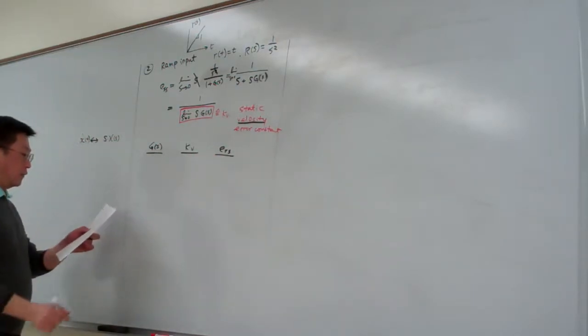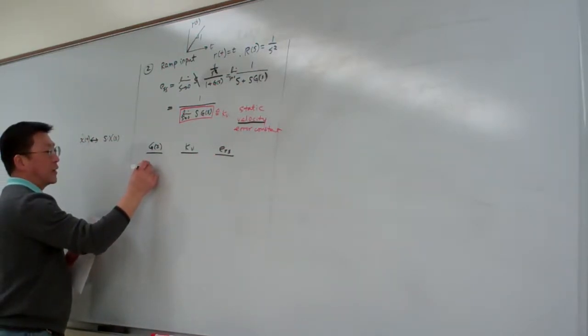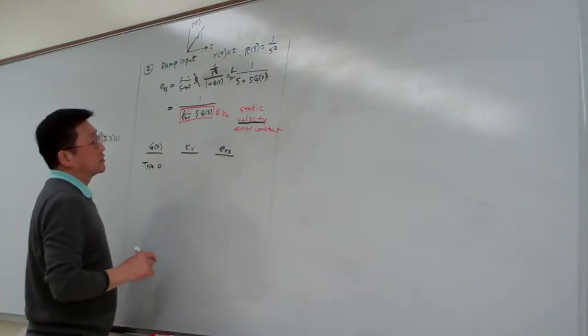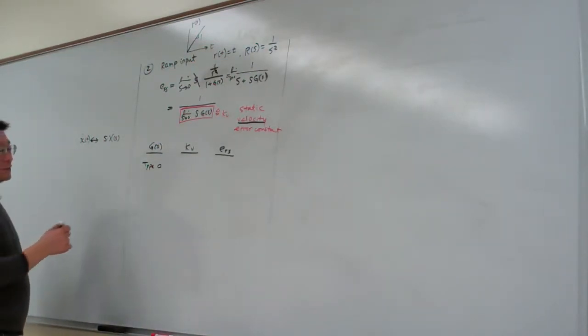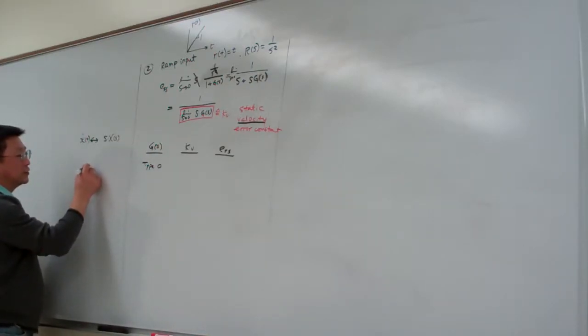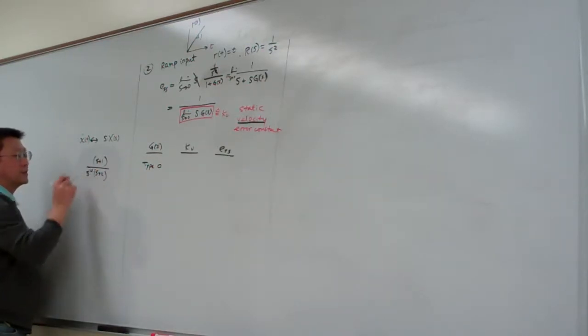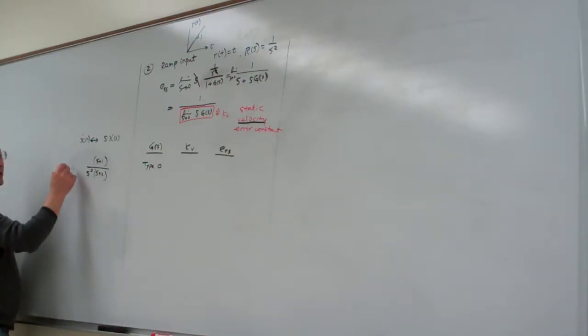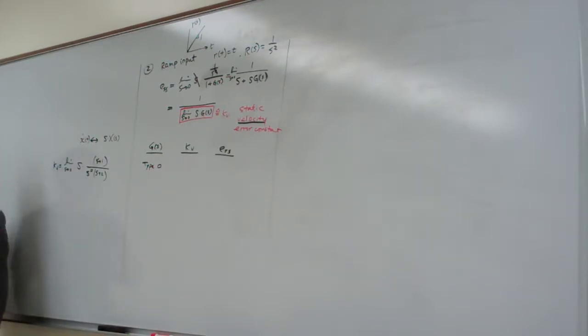So for G(s), if that is a type 0, what is a type 0? Basically here we can say G(s), for example, is (s plus 1) over (s plus 2), and for type 0, that is 0 here. And then Kv is basically equal to s multiplied with this one, with the limit as s approaches 0.